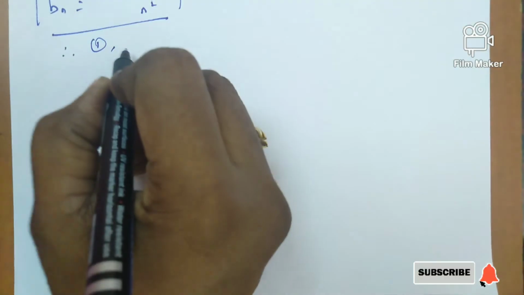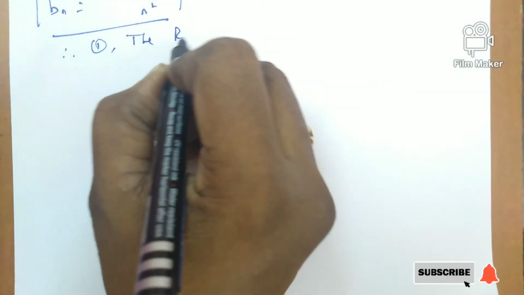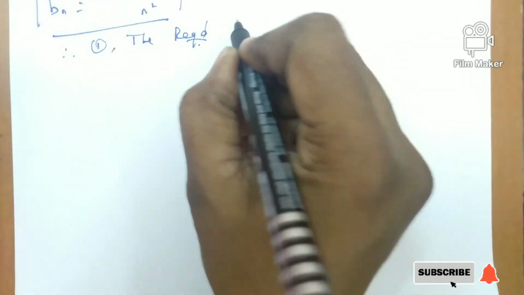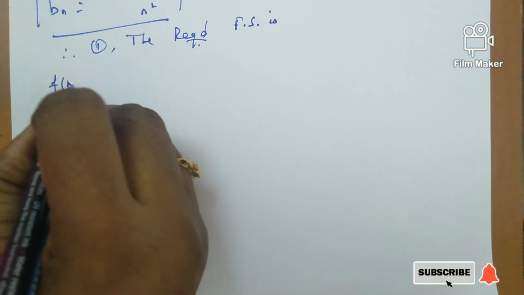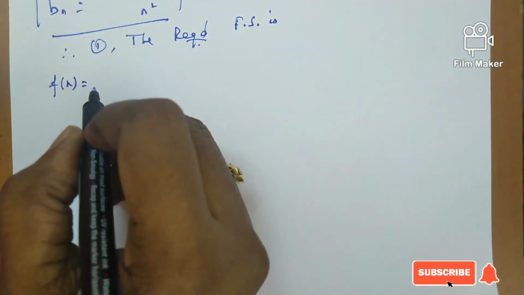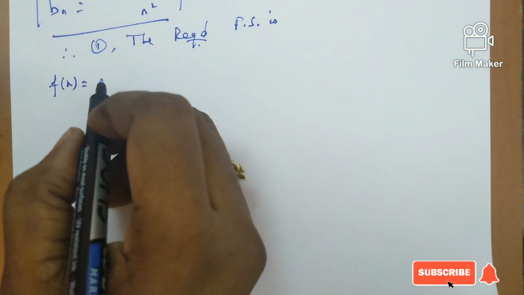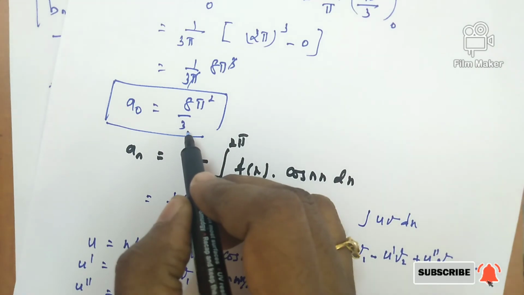Therefore from equation 1, the required Fourier series is: in equation 1 we have to substitute the values of A0, An and Bn. So what is our A0? A0 equal to 8 pi square by 3.